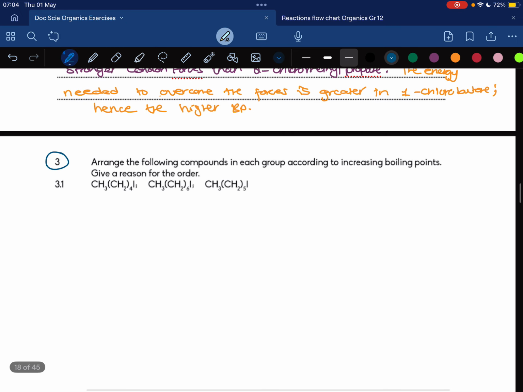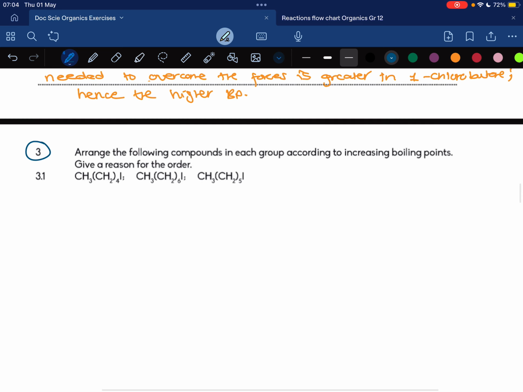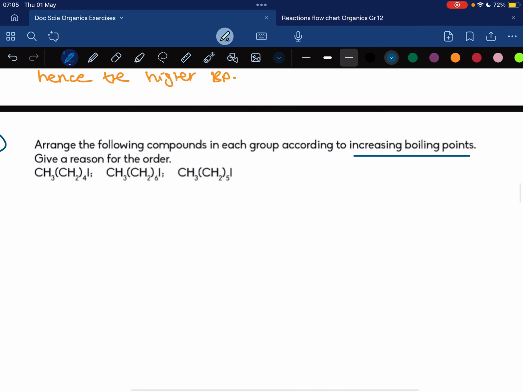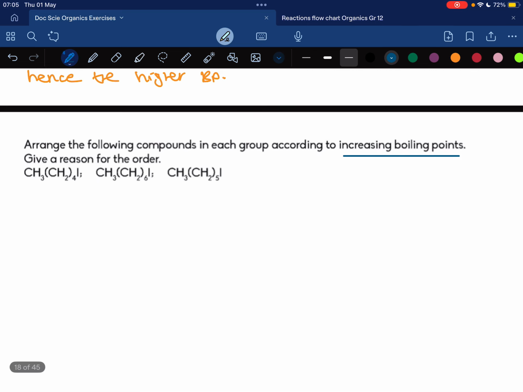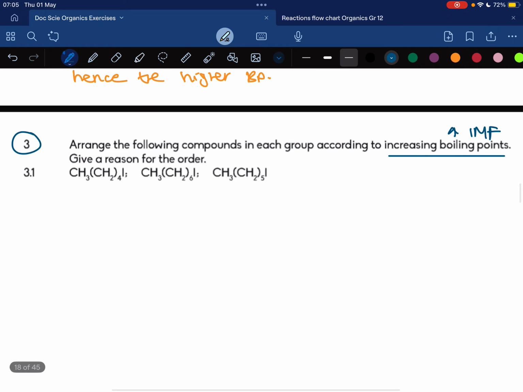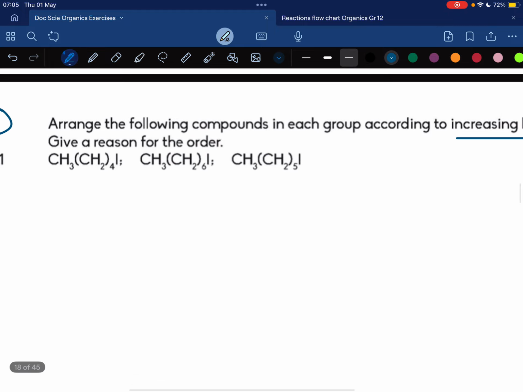Let's have a look at number 3. It says to arrange the following compounds in each group according to increasing boiling points and give a reason for your order. If we're going to do increasing boiling points, then we're obviously going to also do increasing IMF. That's basically what they're saying. Let's notice that all 3 are haloalkanes, right? Because they have this iodine.